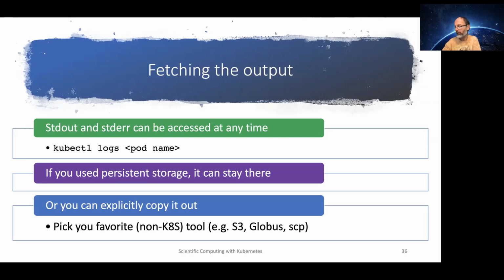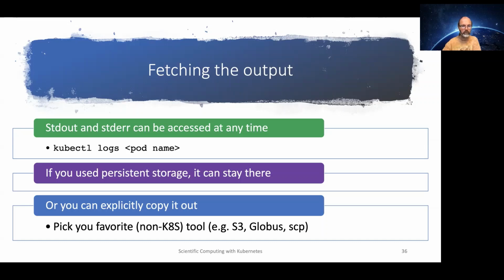Well, sort of. We have standard output and standard error that can be accessed at any time, and you can fetch it with kubectl logs. That's really standard output and standard error. And you can do it either while the pod is running or after it is terminated, but before it's deleted. The moment you delete the pod, all the logs are gone.